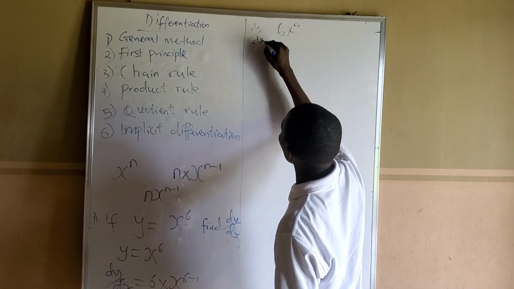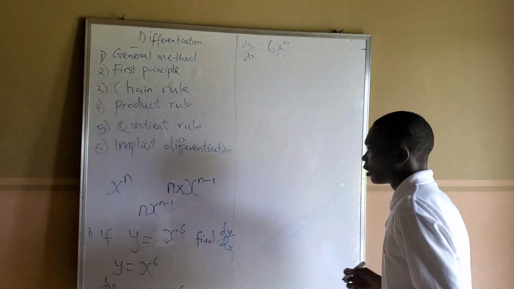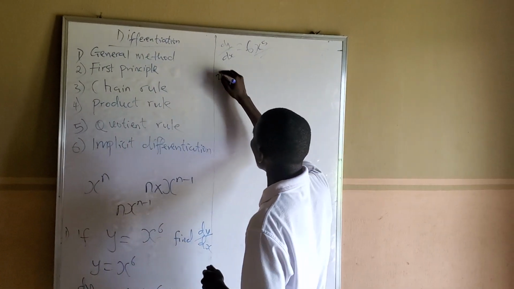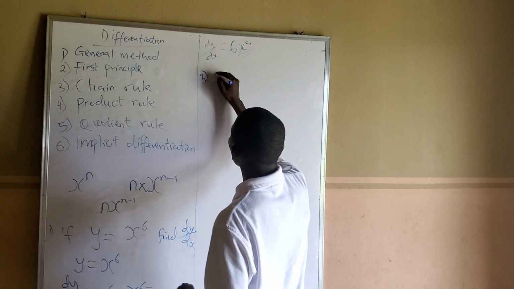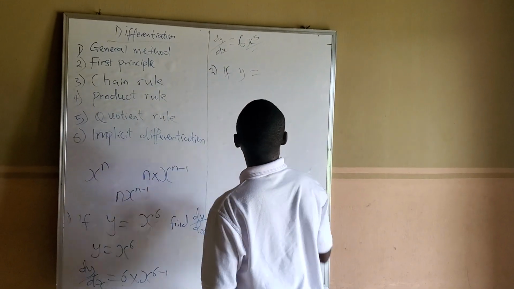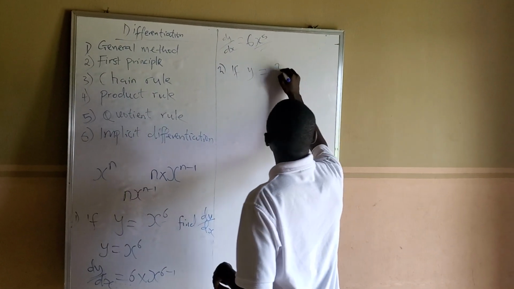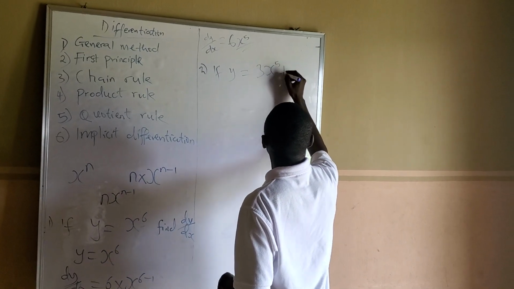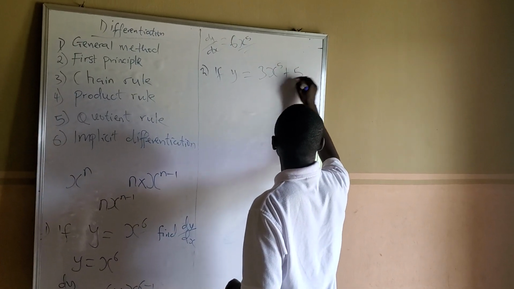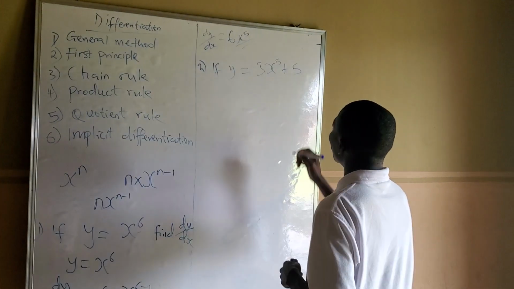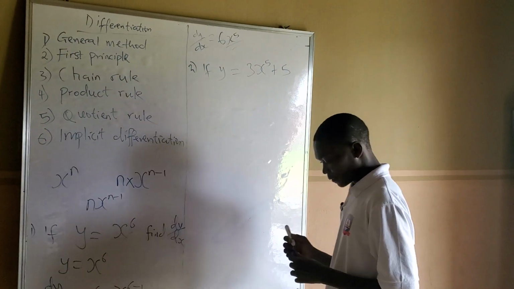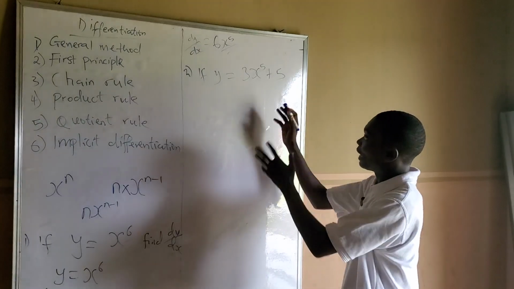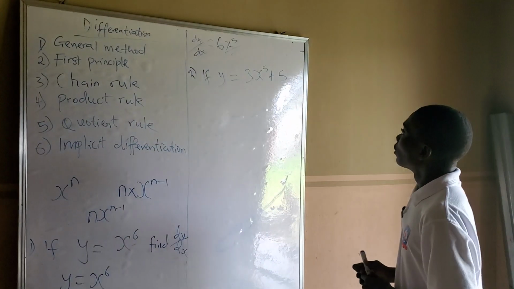dy/dx. Example 2. If y equals 3x raised to the power of 5 plus 5, find dy/dx. Let's say you are asked to find dy/dx in this case.